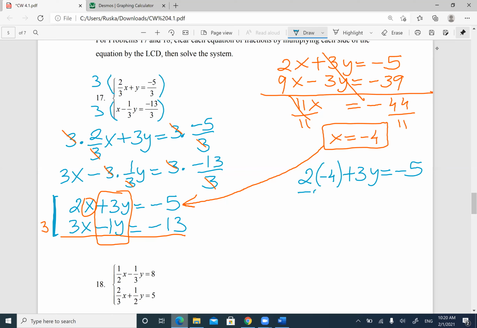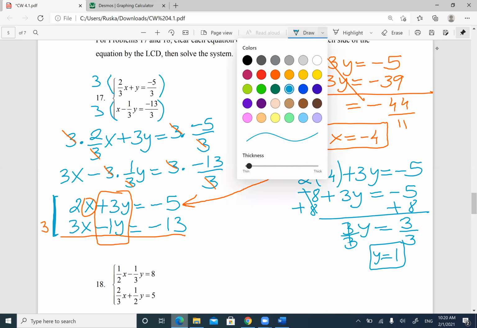So we get negative 8 plus 3y equals negative 5. I'm going to add 8, and I have 3y equals 3. So obviously y is going to be 1.